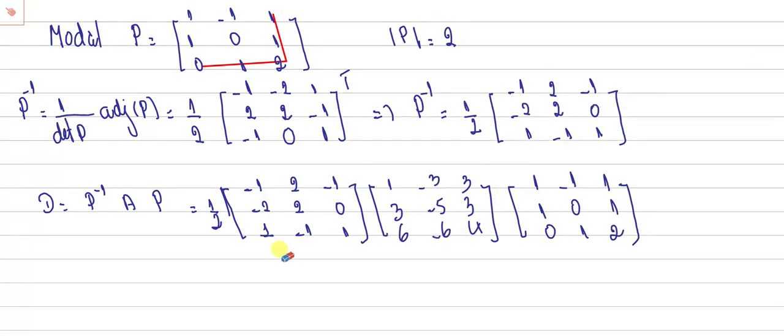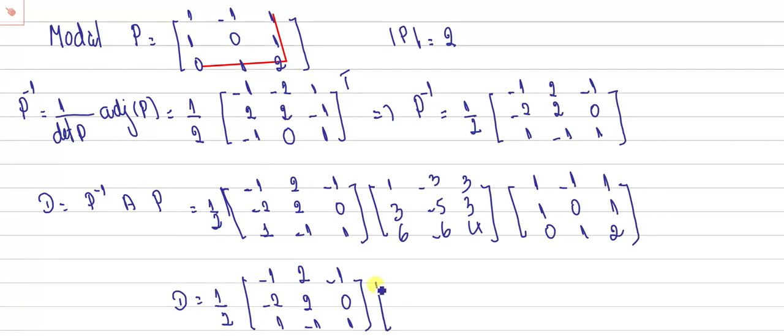We can do by our thinking which one to multiply and which one is okay for you. So I got D. I just write 1 over 2, and I write this one is minus 1, minus 2, 1, 2, 2, minus 1, minus 1, 0, and 2, and 1.